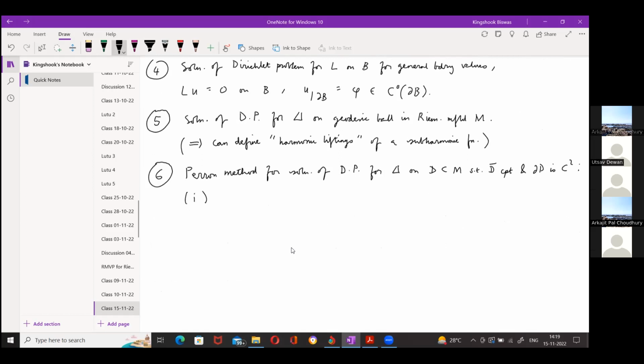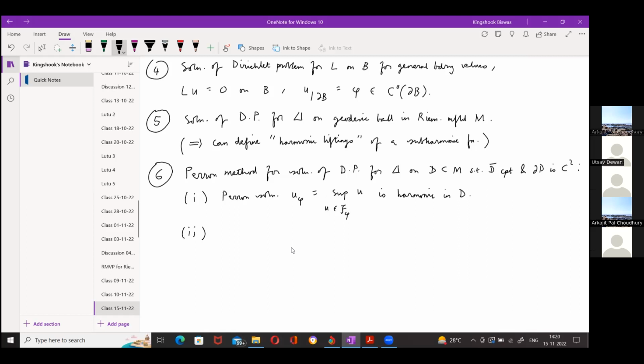One is to show that the Perron solution u phi, which was the pointwise supremum of functions in the Perron family, is harmonic in the domain D. And then once we had this, then you need to show this Perron solution has the right boundary values.